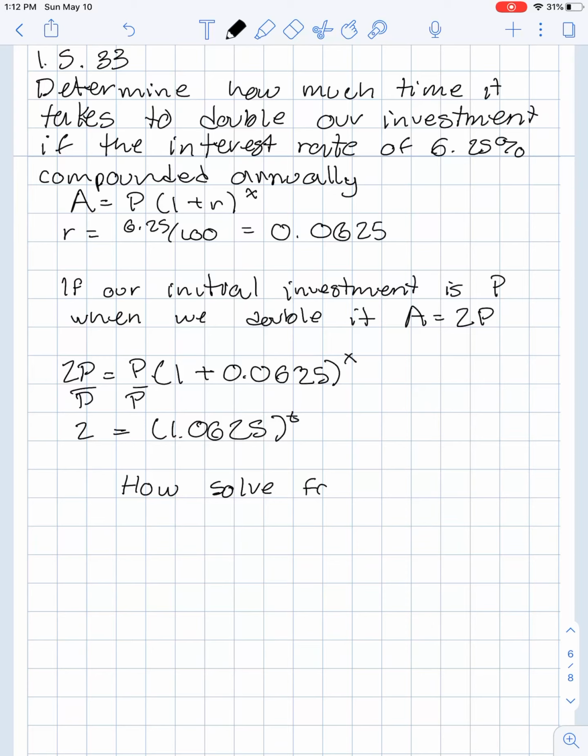How would you solve for t? I can plug in some numbers into my calculator to kind of get what maybe two whole numbers it would be in between and check like that. So we could check and guess.